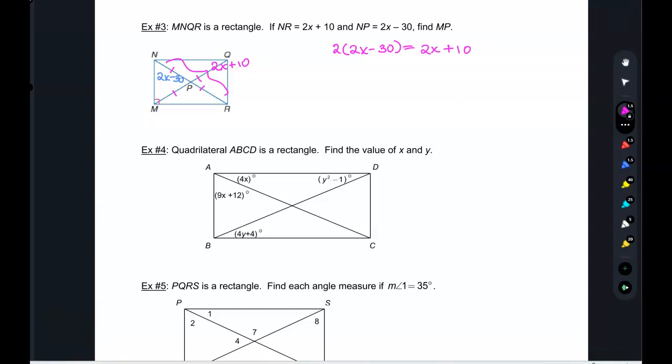So 2X equals 70, so X equals 35. And MP would have to be 2 times 35 minus 30, because it's the same as NP. And good, we get 40.